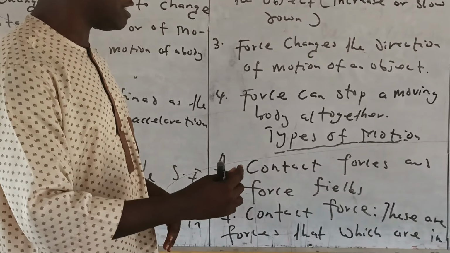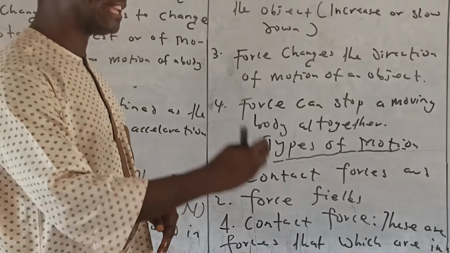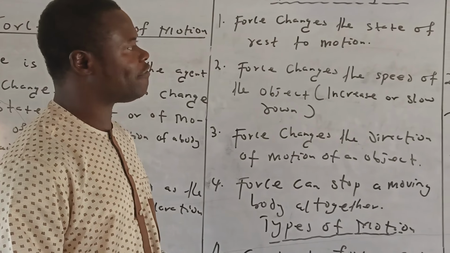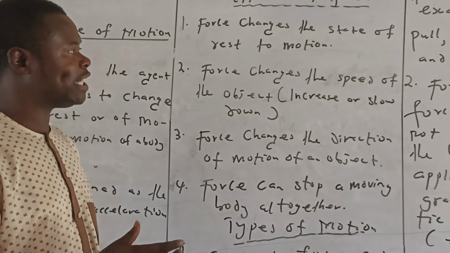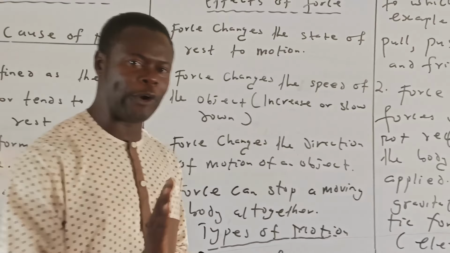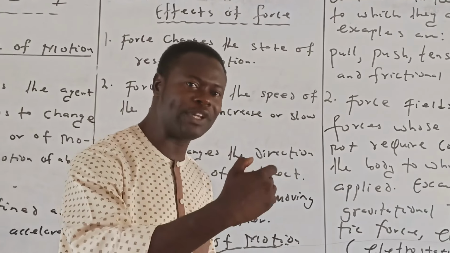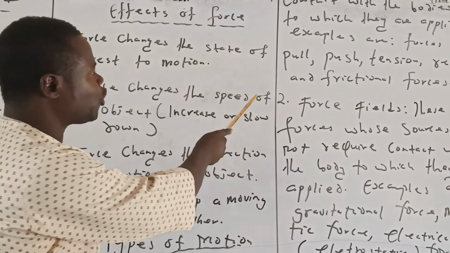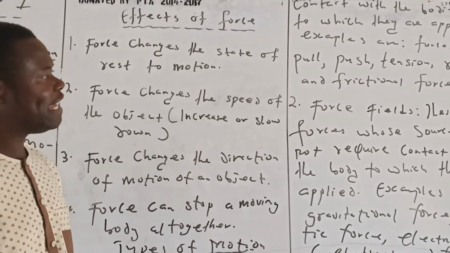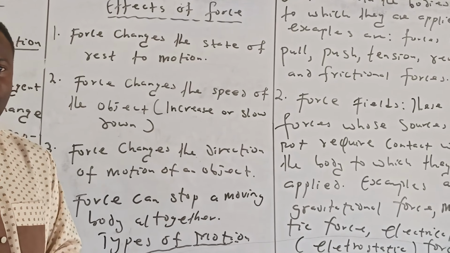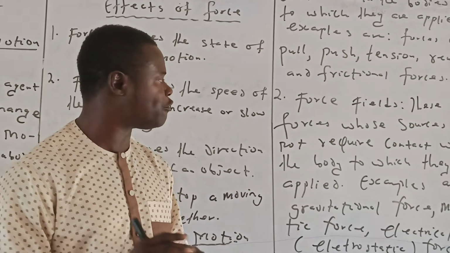These are forces that have to do with contact or touch with the body to which they are applied. Examples are the force of pull, push, tension, reaction, and frictional forces. These are the examples of contact forces.